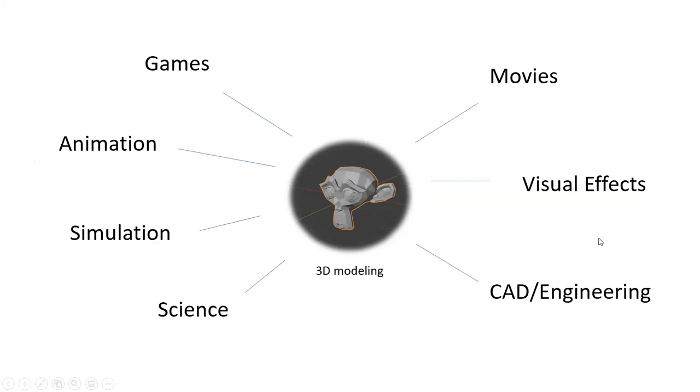If you're in engineering or such, then you're going to end up using CAD software, which is like 3D modeling but with more math, and it's a little bit more boring. You use it in visual effects if you're making some kind of movie, in order to make everything actually look realistic. Even in science, there are different forms of simulation you can do using 3D.